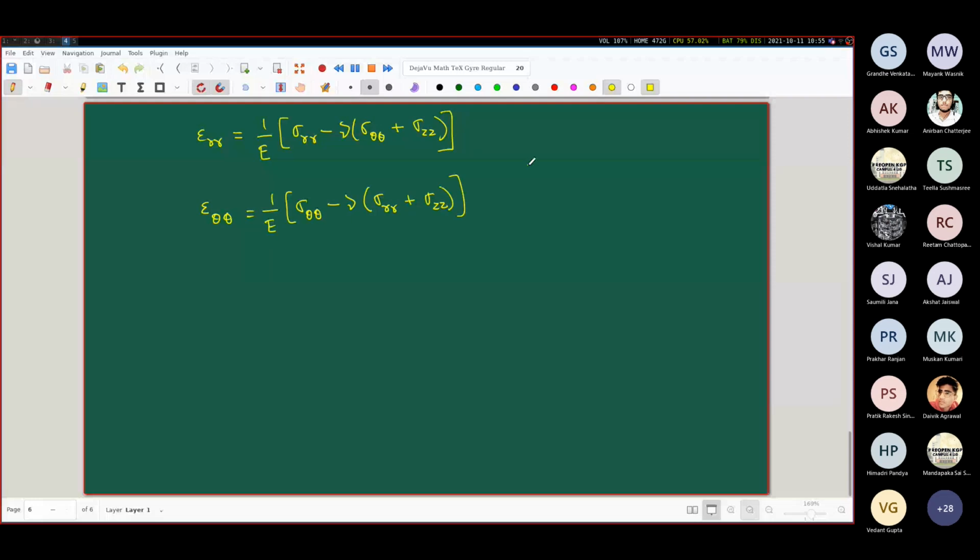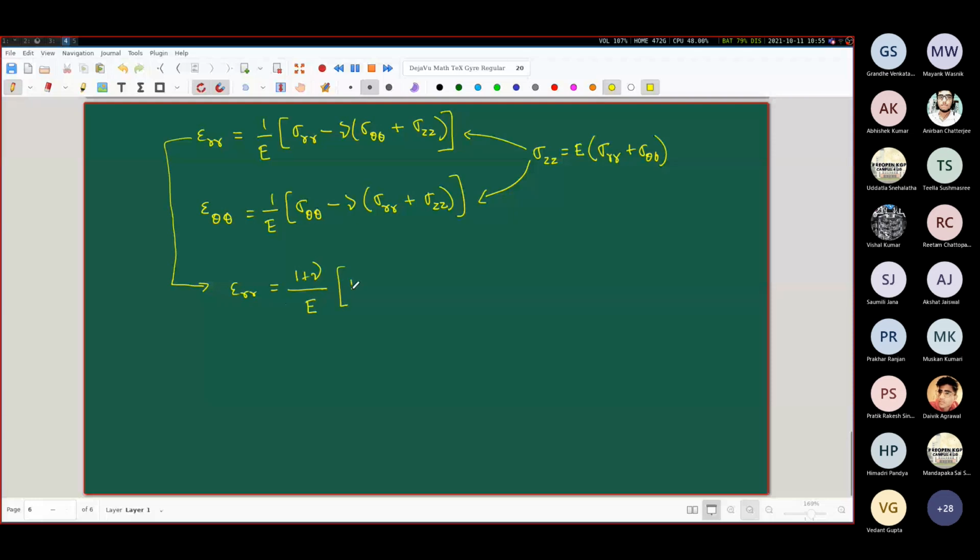So here also I'm going to substitute sigma zz is equal to nu times sigma rr plus sigma theta theta into here and into here. And when I do that, from this epsilon rr, I'm going to obtain, so I'm slightly simplifying it now, I'm skipping 2 lines of algebra here.